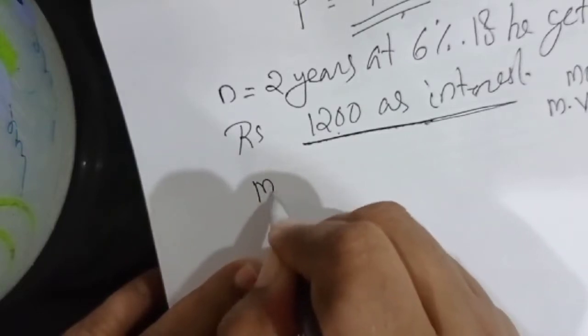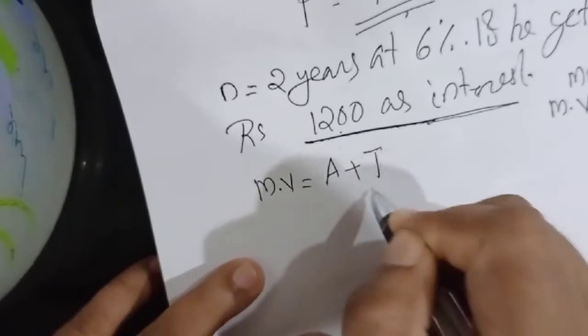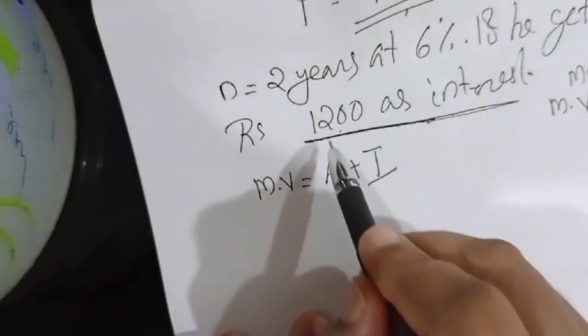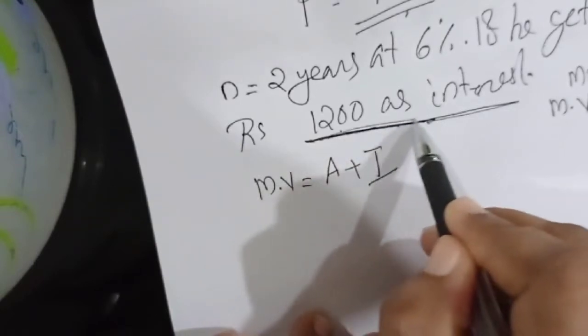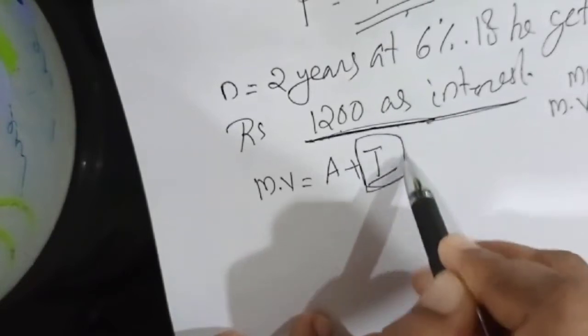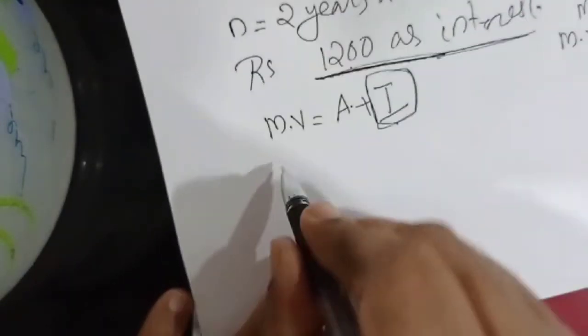Here we know that maturity value means amount deposited plus interest. Agree, students? But here 1,200 as interest means only the second part is given. Not this amount given, only the second part. What's the formula?